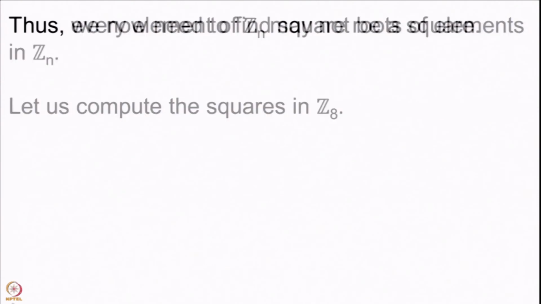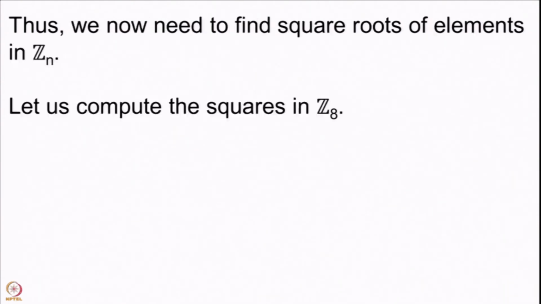Let us compute squares in Z8. So, to find square roots of elements, we need to find what elements have square roots, and this can be done by simply computing the squares.